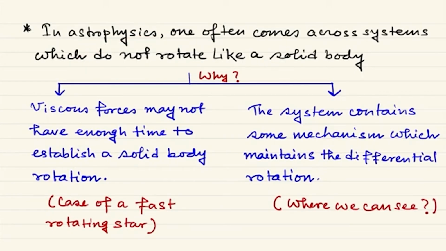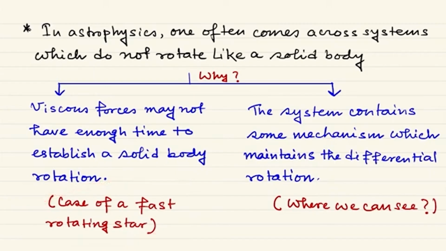There can be two possibilities. One is that the viscous forces may not have enough time to develop and establish a solid body rotation. That means the system is rotating very fast. That is the case for a fast rotating star.